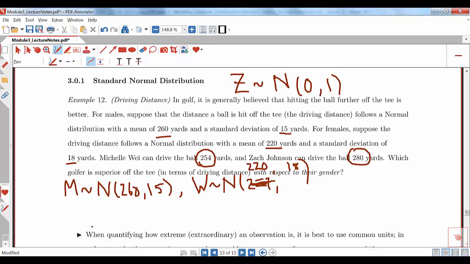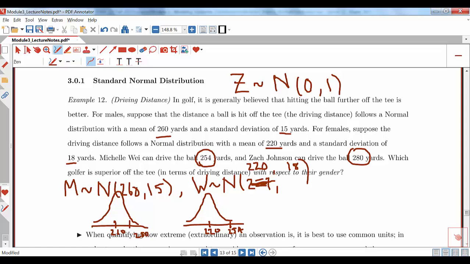His mean is 260 and he's at 280; her mean is 220 but she's out at 254. So what we're trying to determine is who is further out in the tail according to their distribution.